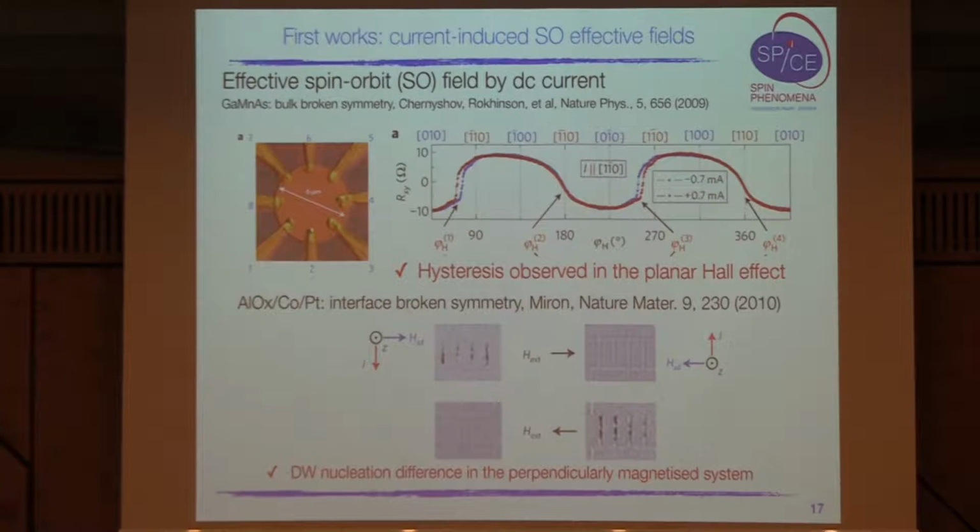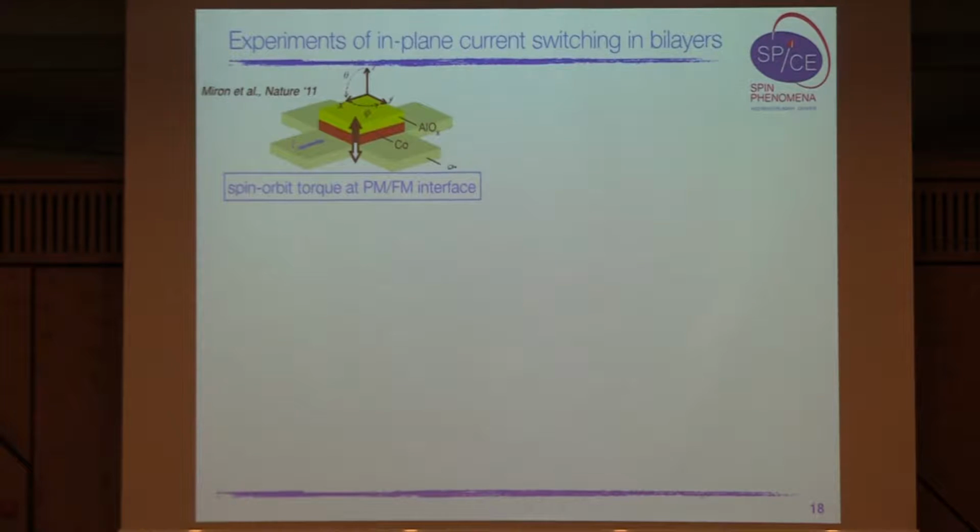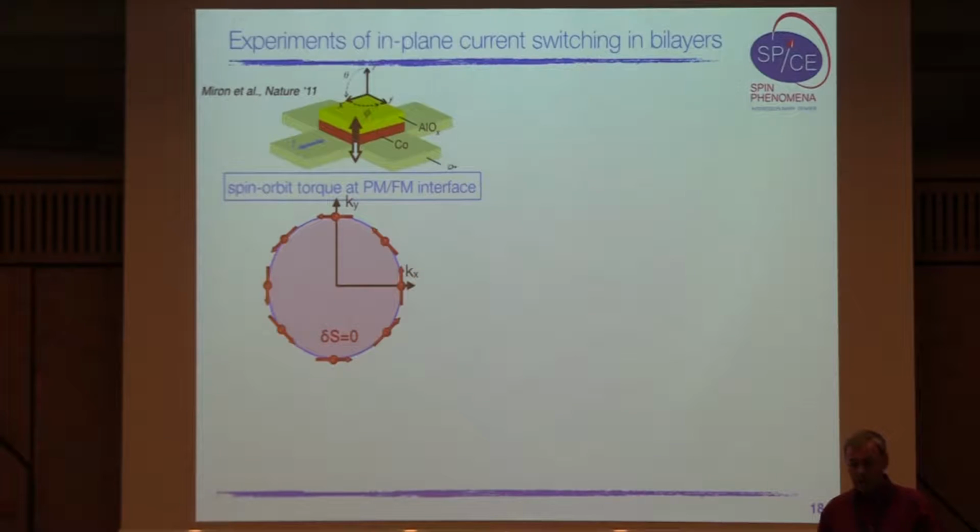And in 2011, 2012, I think, the two experiments that really sparked this idea of spin-orbit torques appeared, particularly the 2011 paper of Mirror. This is where you have a structure with platinum, cobalt with a perpendicular anisotropy, and an oxide, and you run a current and you're able to switch it back and forth, just like the structure that I mentioned earlier that you would like to reach in the new MRAM type of architecture.